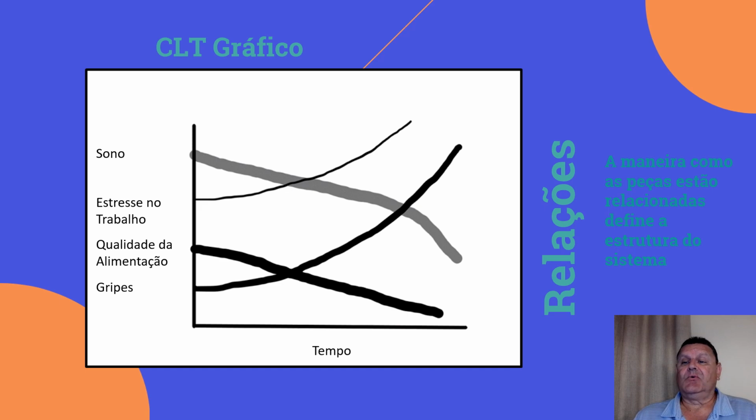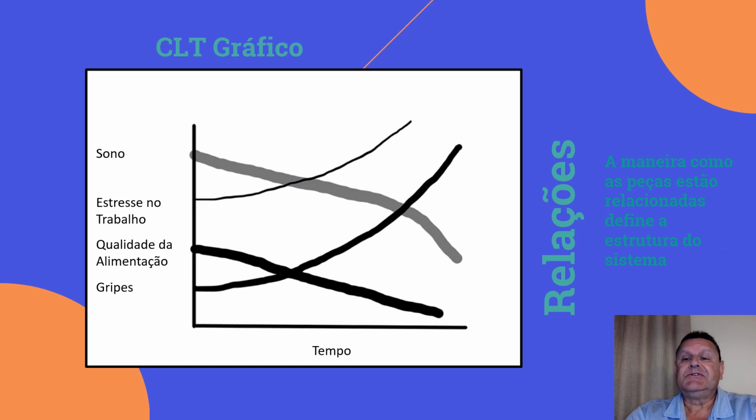In this case, we've been getting more colds, and we find that that pattern has been continuing, and we've identified that factors we think are important are diet quality and work stress and sleep. And so you can see just by the visual that when we plot those over time, say over 6 months, we see that colds go up and work stress goes up, while sleep and diet quality are going down.